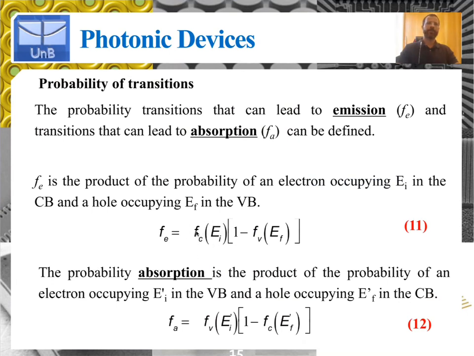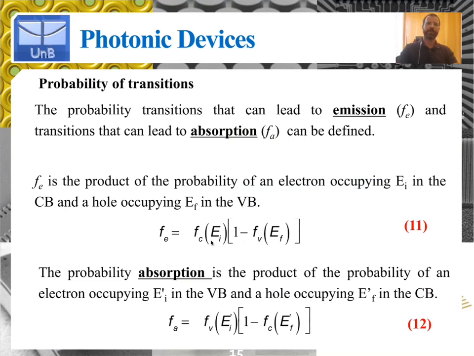So this will be the product of Fc of EI, the probability of occupation by an electron at the energy level EI in the conduction band, multiplied by the probability of occupation by holes, which is 1 minus F of E, 1 minus the probability of occupation by electrons in the valence band associated with energy level EF.